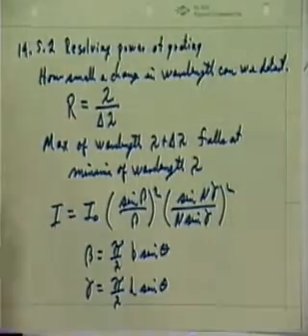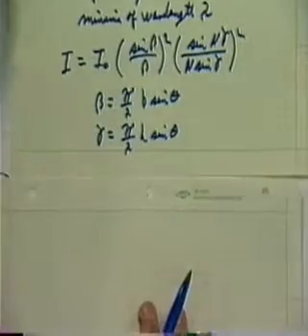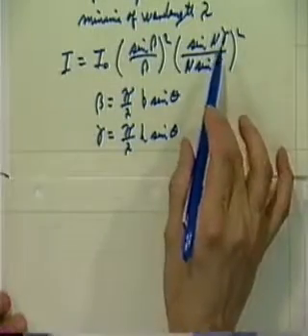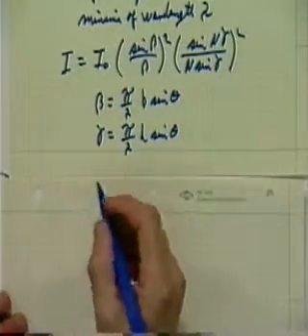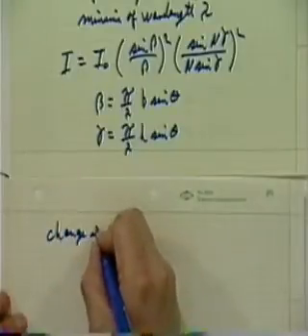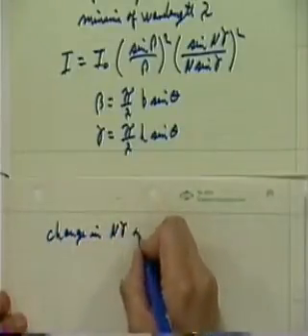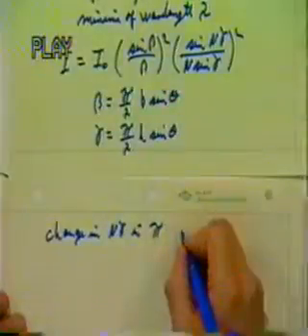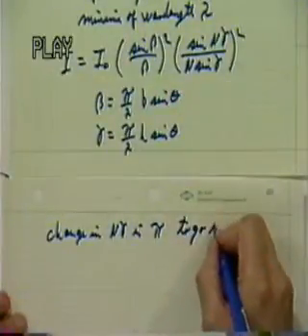So to go from the maxima to the next minima, the change in n gamma is pi.